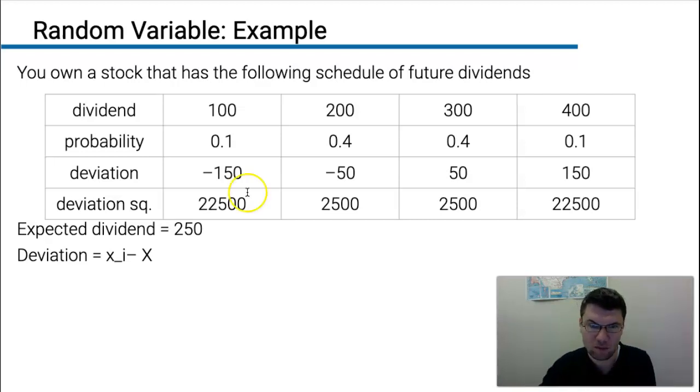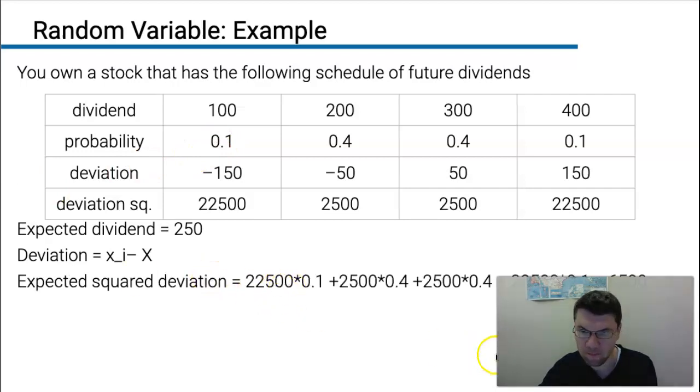So basically what I'm doing here is I'm calculating squared distances between the realizations of the variable and the expected value of the variable, but I'm adjusting them by the probability so that I can calculate the expected deviation.